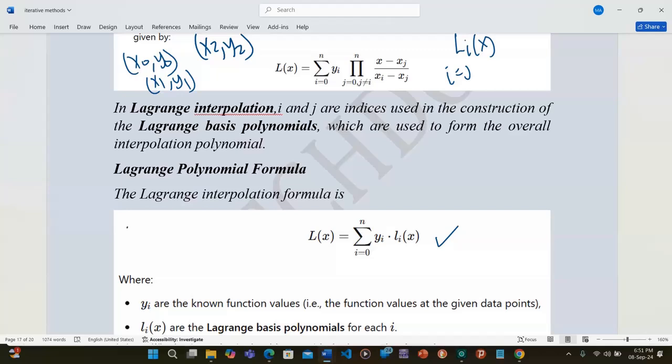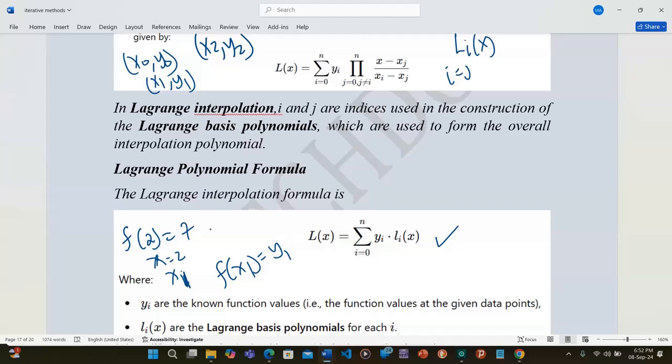For example, you can be given that f of 2 is 7, so the value of x is 2. That could be x0 or x1.